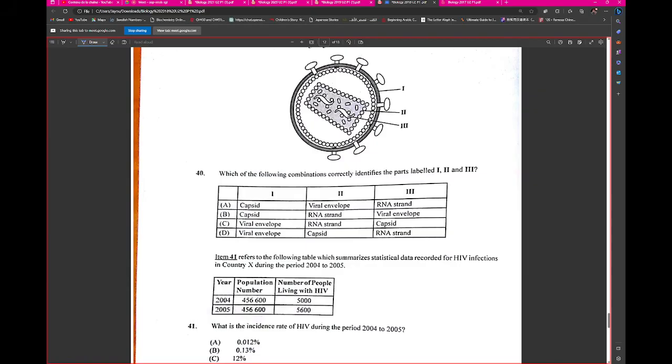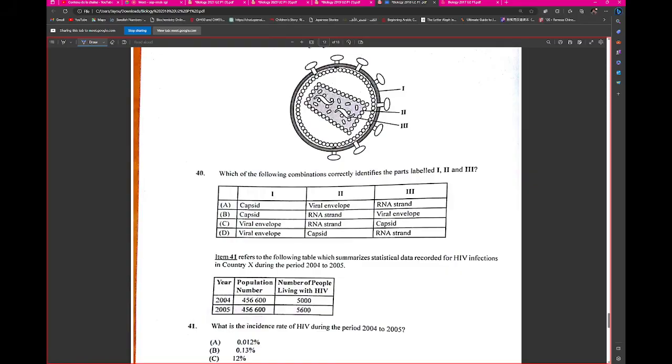Then 2 would be the capsid. Okay. You're sure? Yes, sir. And then 3 would be the DNA strands? Sorry, RNA strands? Yes, sir.